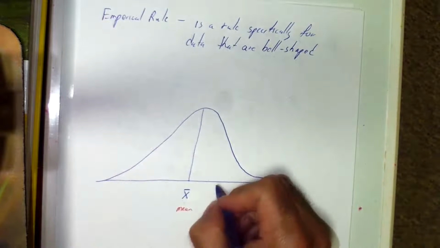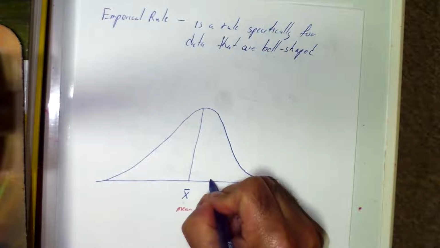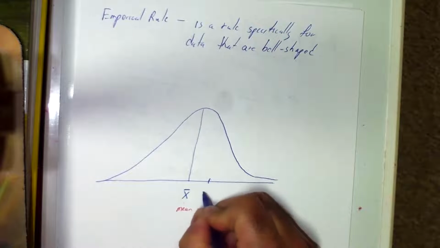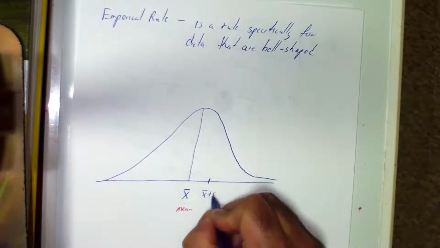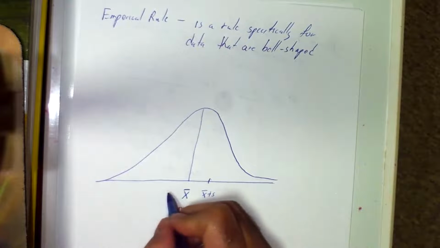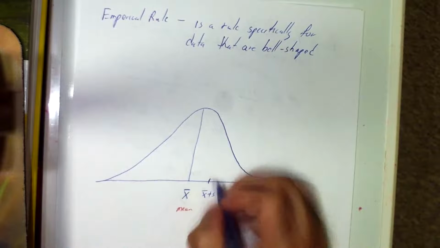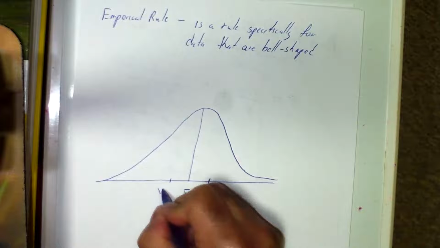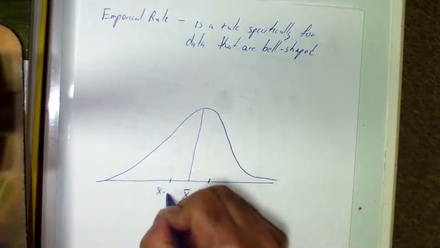So if they add a standard deviation to the mean, that's x bar plus s. Over here on the other side, you have to do the opposite because it has to be symmetrical. Here would be x bar minus s.